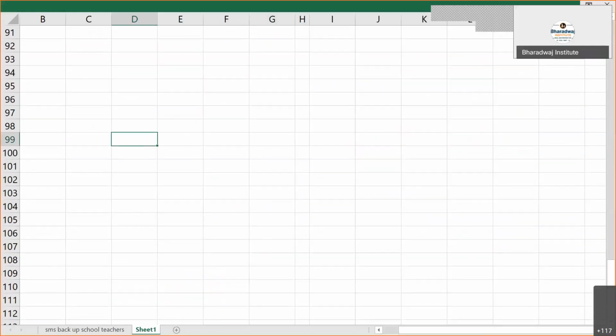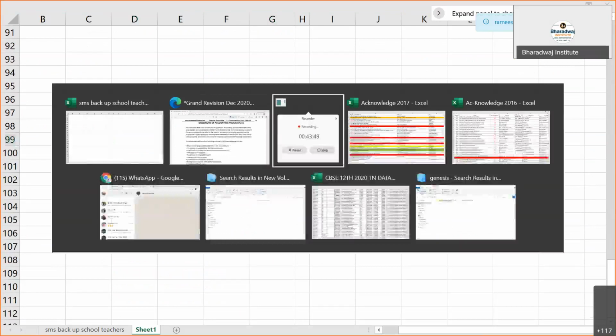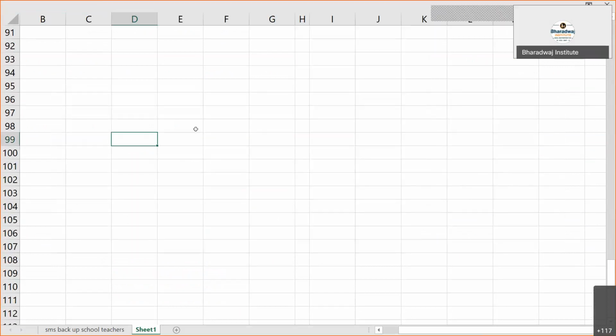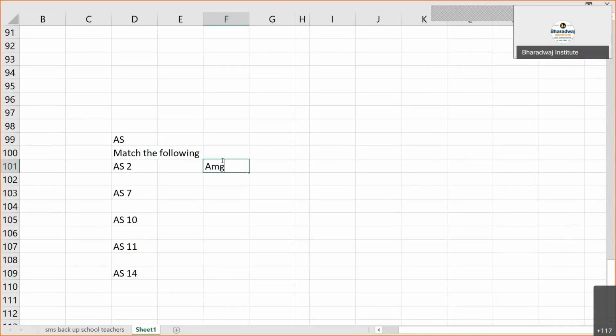Okay. In accounting standards, what are the types of questions that are possible? One is match the following questions. They will give you AS numbers, AS2, AS7, AS10, AS11, AS14, like that they will give you. It will be given in simple order.